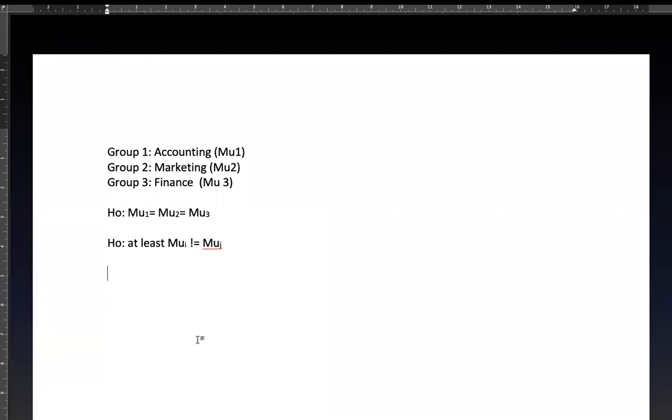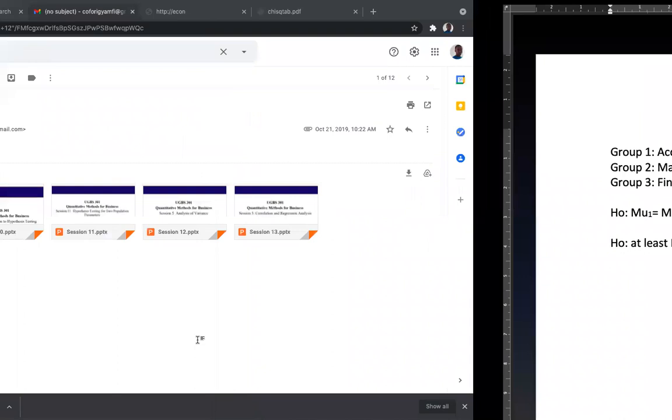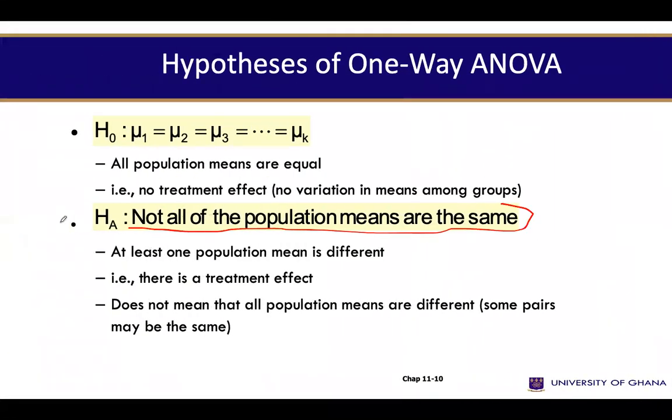So you can use mathematical ways to write this, or you can even write it in words as it is written here: not all the population means are the same. So don't be in a hurry to cross all the equal to lines to indicate a not equal to symbol. It doesn't really work like that here. We don't do that in ANOVA.